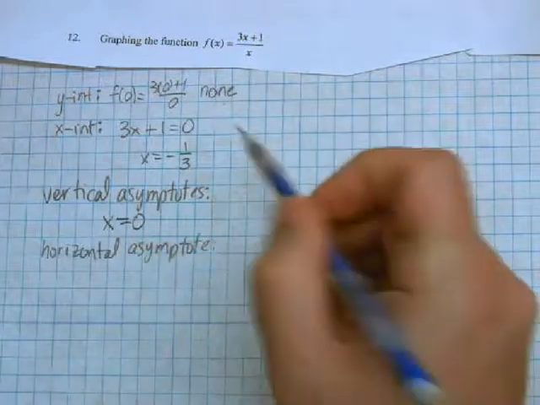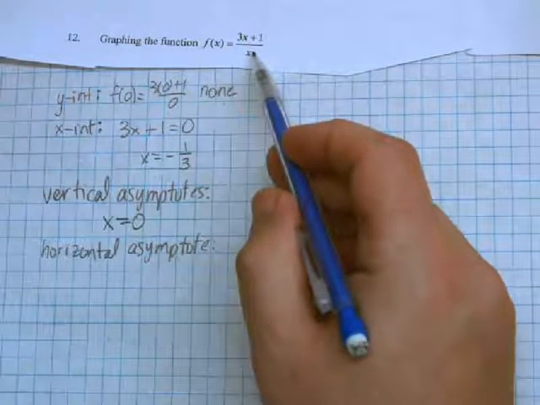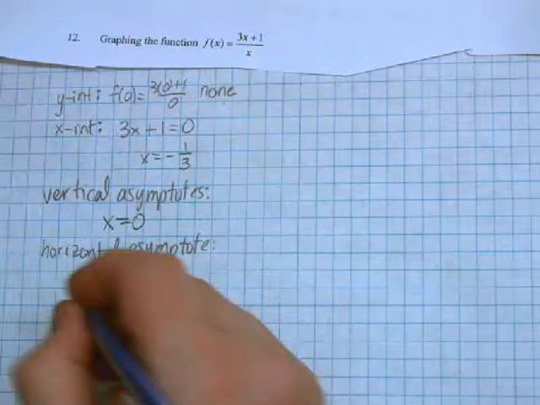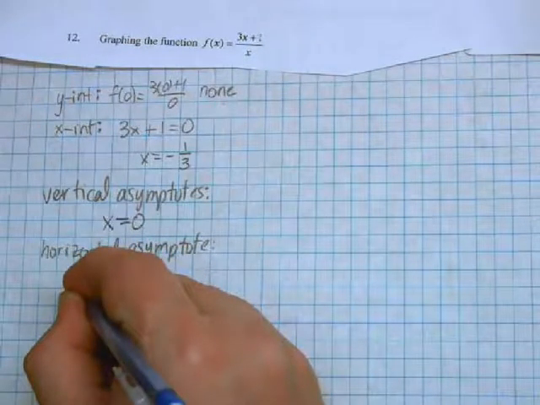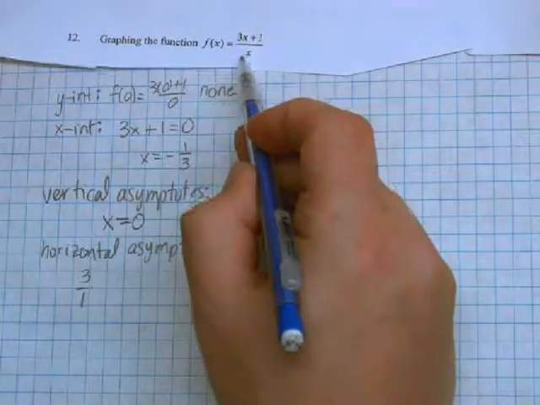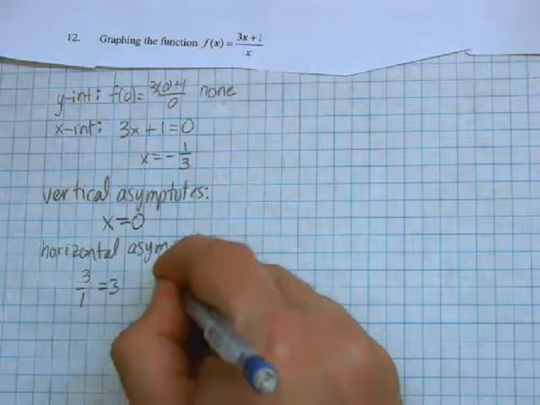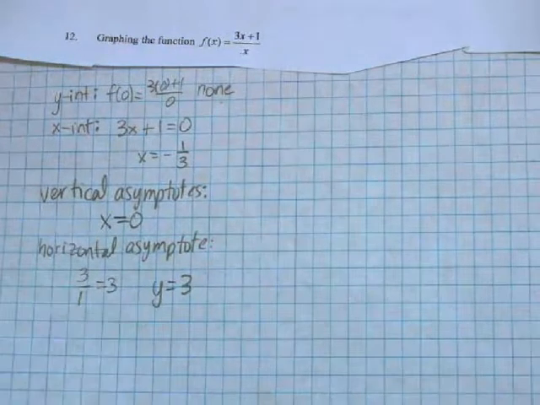For a horizontal asymptote, we notice that the degree of the top is equivalent to the degree of the bottom. So we take the ratio of their coefficients. 3 over 1 is 3. So y equals 3 is going to be our horizontal asymptote.